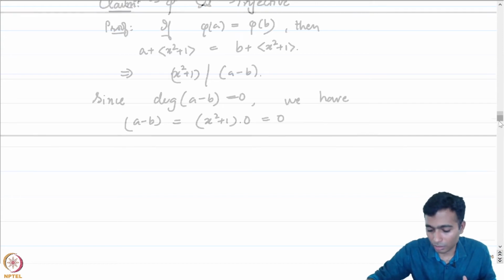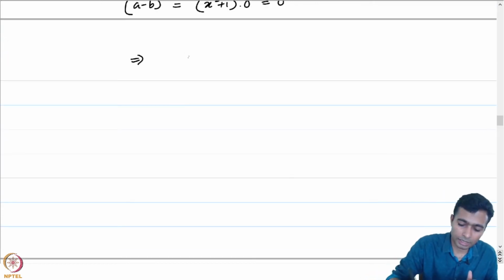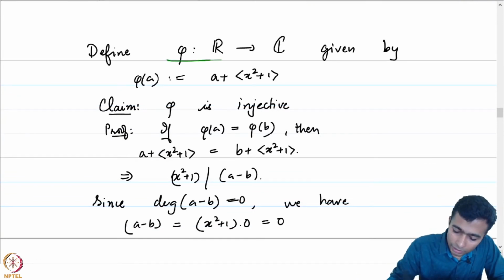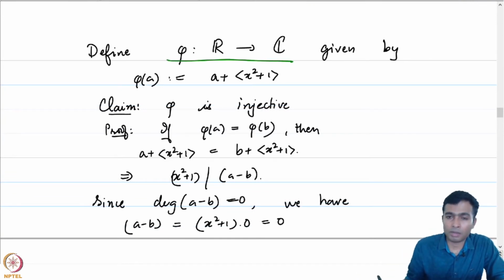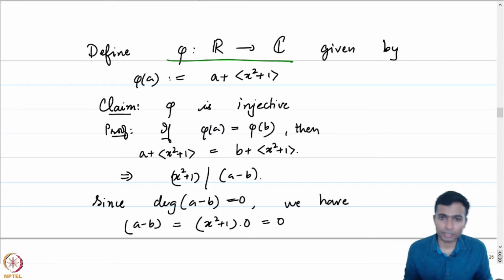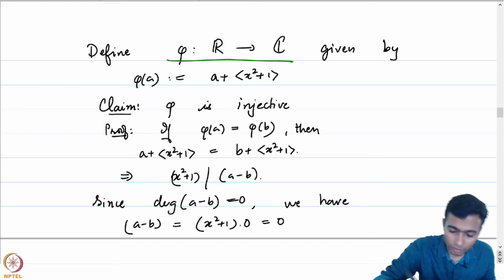Otherwise the degrees won't match, which implies A is equal to B. So immediately we see that the map phi from R to C is an embedding. It actually gives us a copy of R in the commutative ring C.